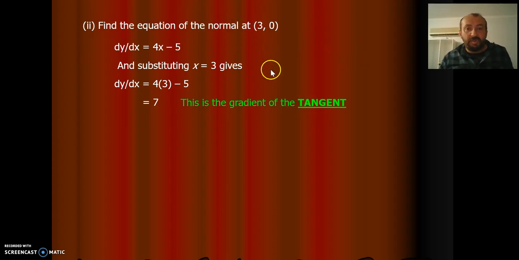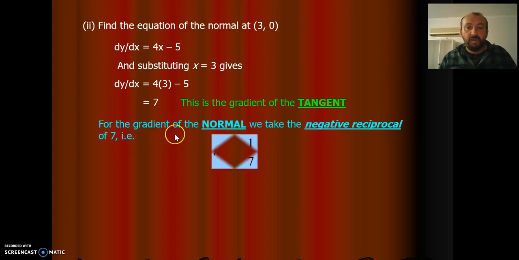So the normal, we know, is perpendicular to the tangent. We know there is a relationship between the slopes of lines that are perpendicular to each other. Okay, it's the negative reciprocal, so the gradient of the normal must be minus 1 on 7.